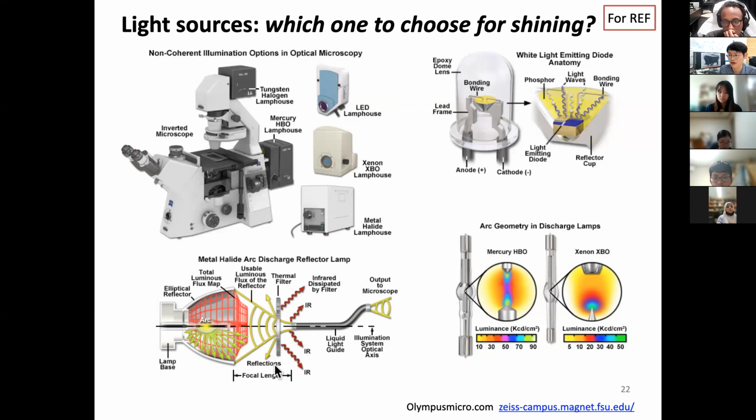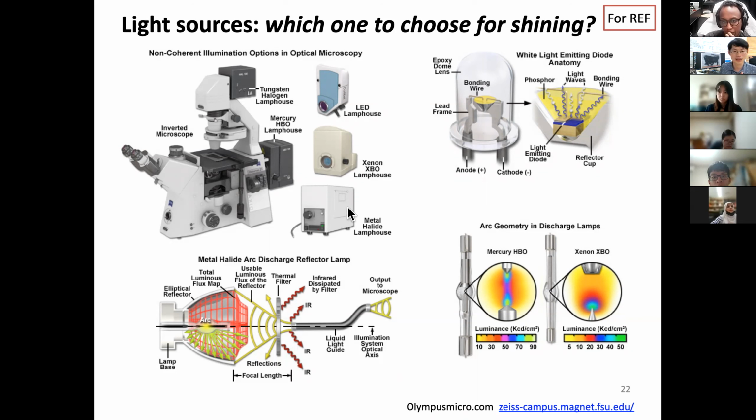And you see there's a thermal filter there. This thermal filter blocks the IR light, because when IR light hits the sample, it heats it. You remember the absorption of biological tissue: at longer wavelengths there is higher absorption by water. So you block that with a thermal filter.